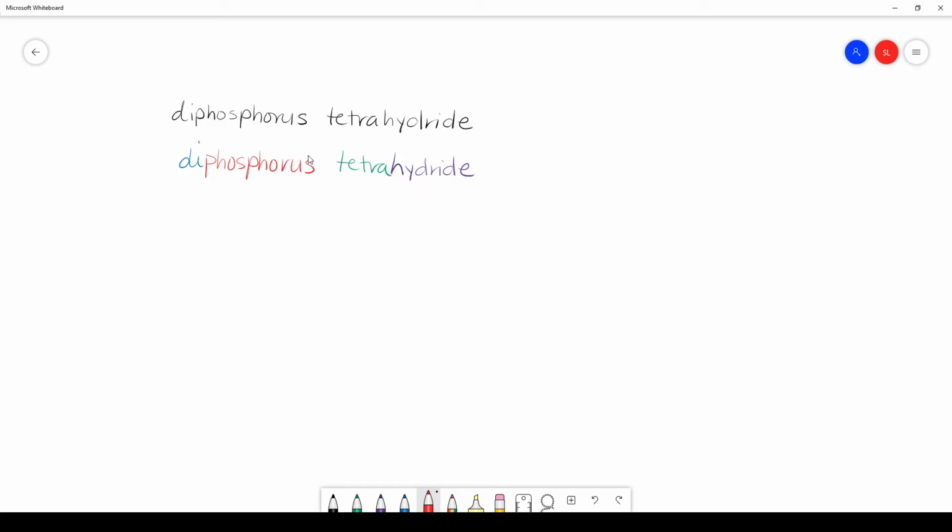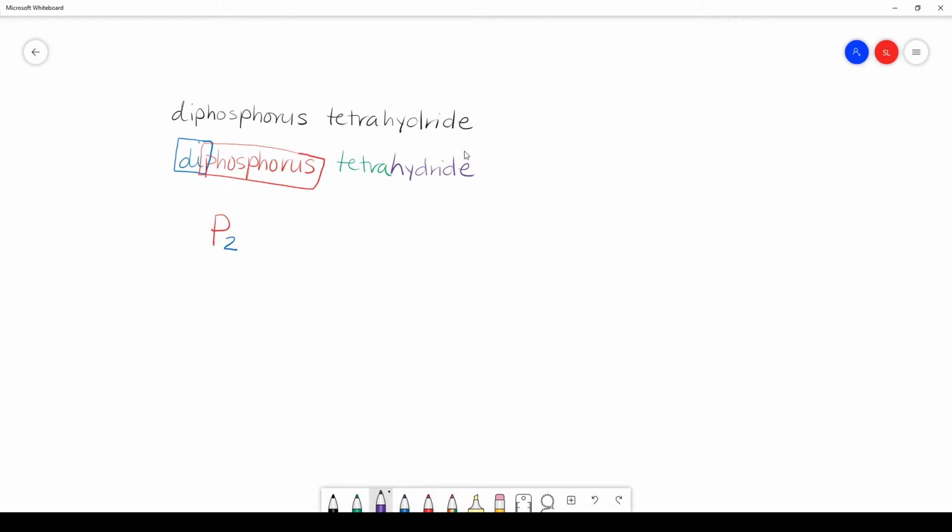For the first element, remember that it takes on the full element name right off the periodic table with no modification. So phosphorus simply has the symbol P. Prefix 1 is di, and that leads to a subscript of 2. So for the first part of this chemical formula, we have P2.